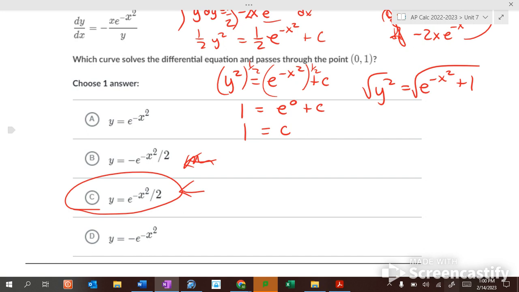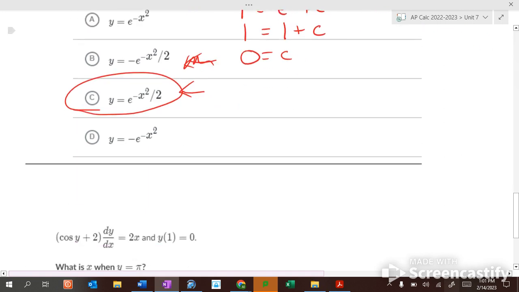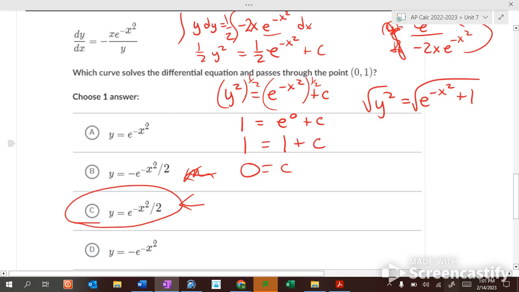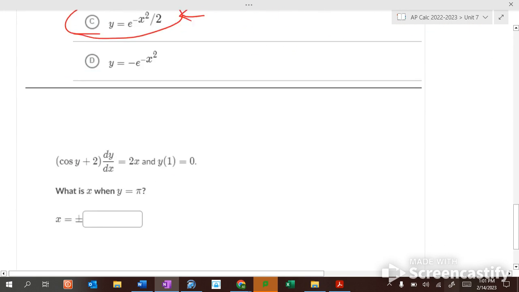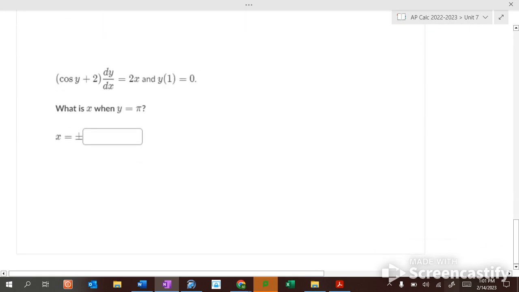I don't know. E to the 0. Oh, come on, Mr. Bierschbach. E to the 0 is 1. So c equals 0. I was going, what am I doing wrong? So yeah, we're good there. Because c equals 0. Woo! Because I thought e to the 0 was 0 for a second and it just canceled out. And that's why I was having a major brain malfunction.